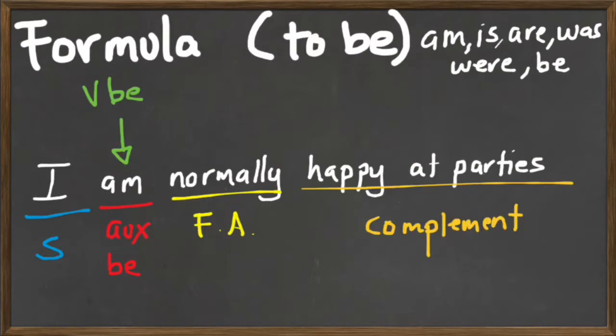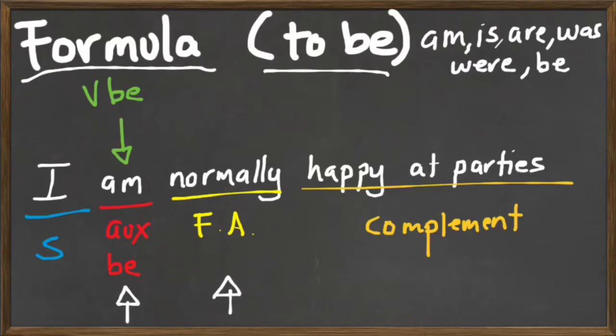All right, now let's check out the formula. There are two formulas, one with the verb to be and one with action verbs. The first one, when we use the verb to be, the position of the frequency adverb is very important and cannot be changed.